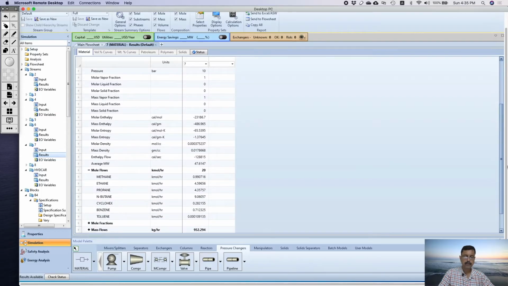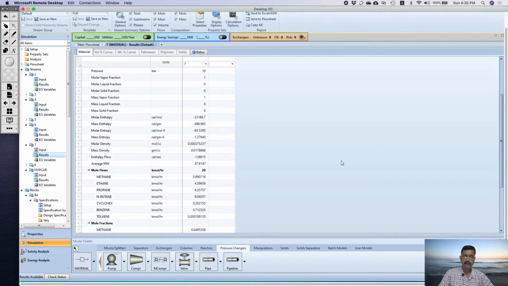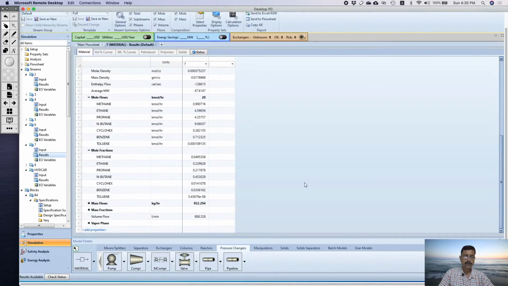See what are the compositions. Go to mole fraction. So you see, methane is 0.0495, so it is 4.95%. Ethane is 23%. It is 0.2298, so it is 23% ethane, 21.78% propane, 45% n-butane.